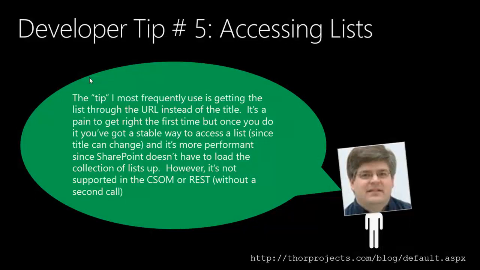Now, one last tip here from my friend Robert Bogue. If you try to access a list using the title, especially if you're using a string, and the title changes, what happens to your code? It breaks. So there are other ways to access your list, and Robert says maybe use the GUID or some other way. Don't use a string representation when you're trying to access a list.